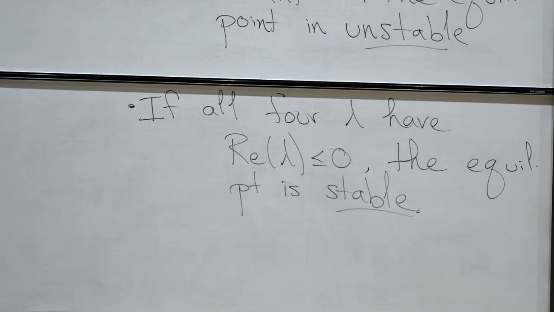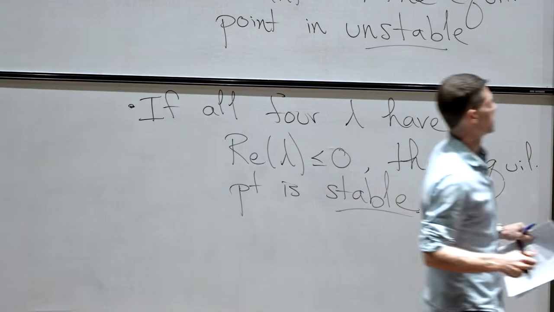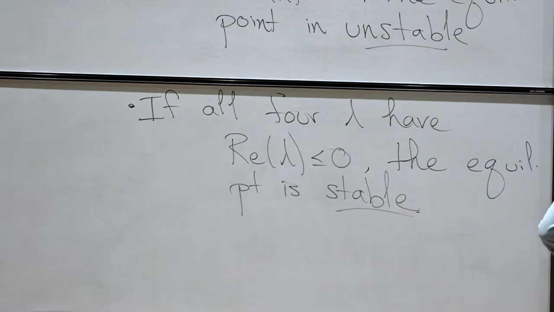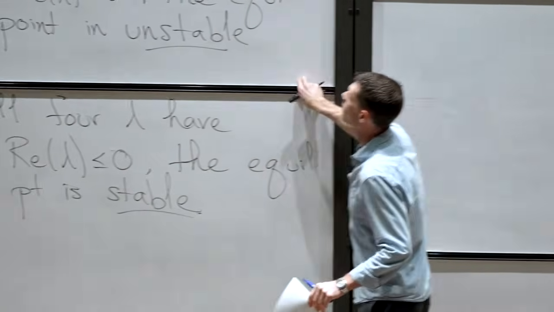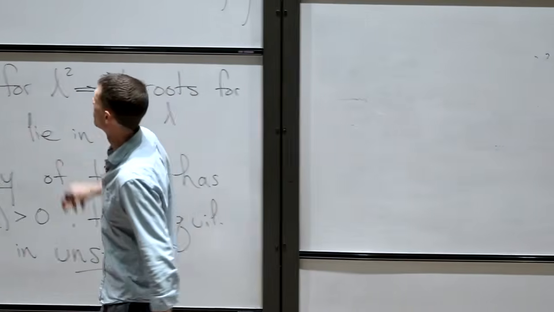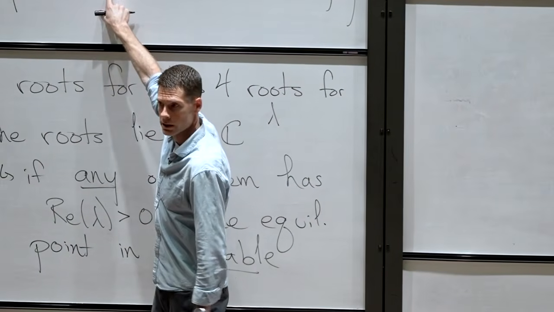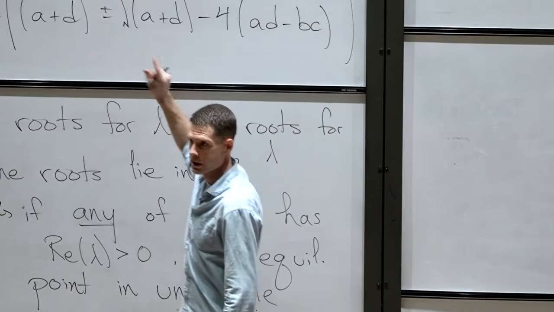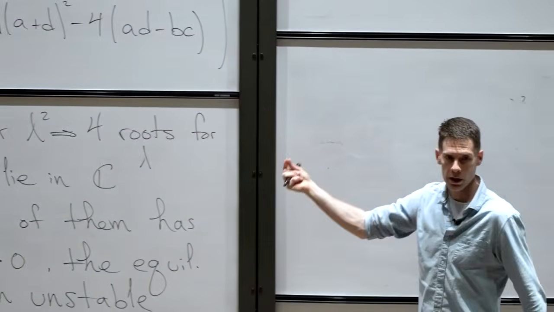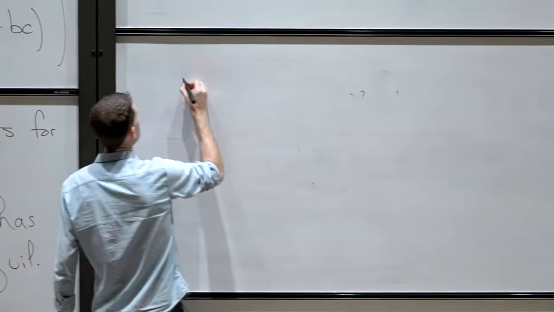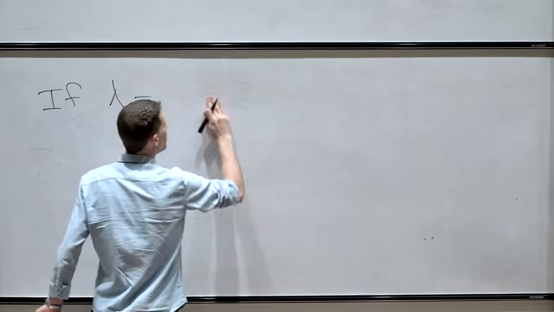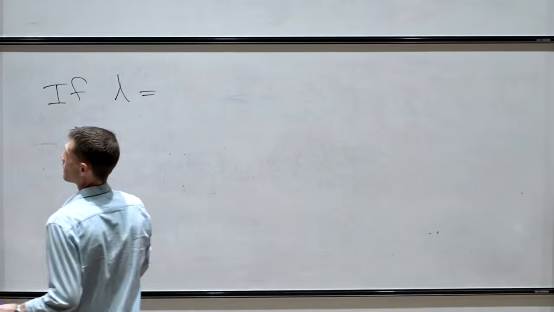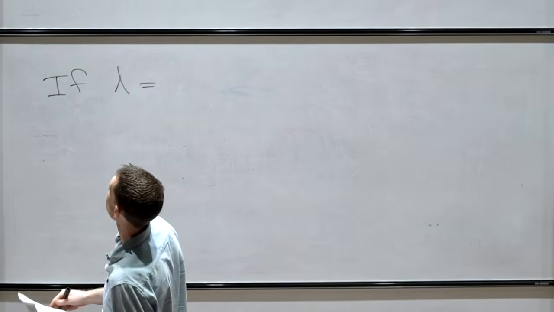So let's think about what that means. Here's lambda squared is a plus minus. So if lambda squared is complex, I was going to say alpha plus minus beta, but we've already used those.